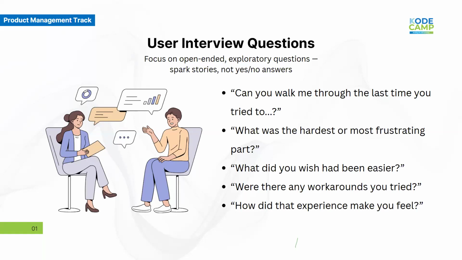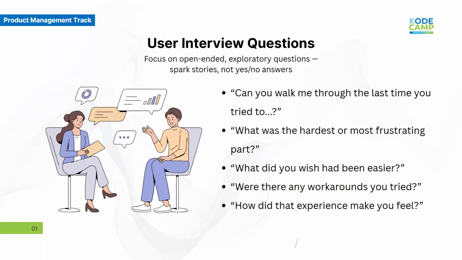You ask questions like, hey, can you walk me through the last time you tried to, and then you attach your question. It could be the last time you tried to achieve a goal, and then you mention the name of your product, and so on. And then questions like, what happened?